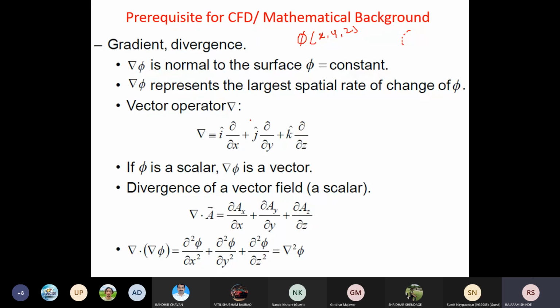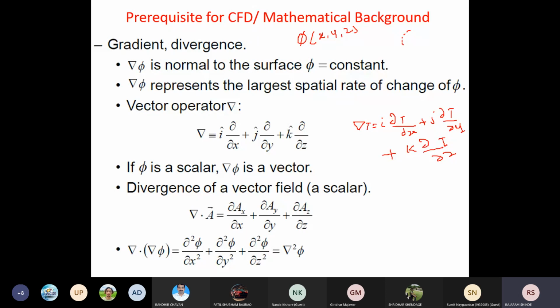That means here this del operator is equal to i into these differentiation operators. Here you can put temperature, you can put pressure, or you can put anything. That means if I write the gradient of temperature, this becomes i into dou T by dou x, plus j into dou T by dou y, plus k into dou T by dou z.